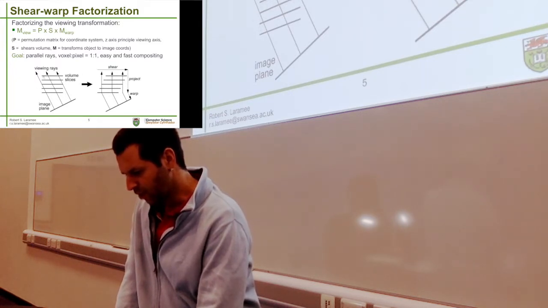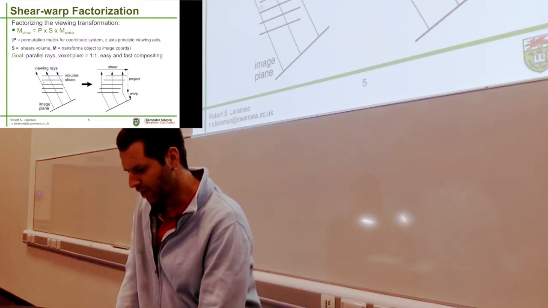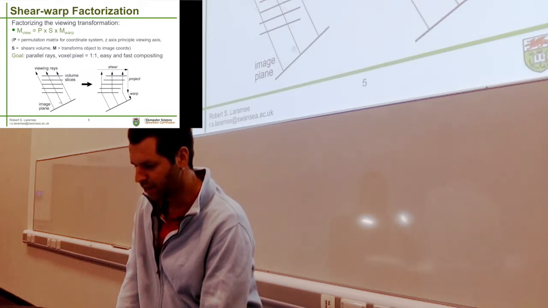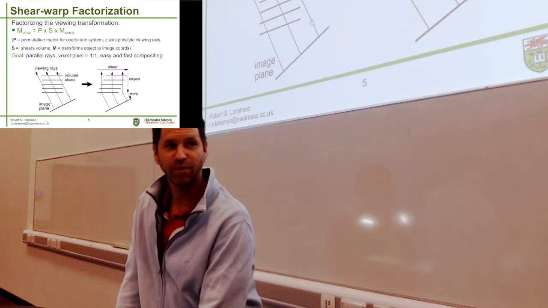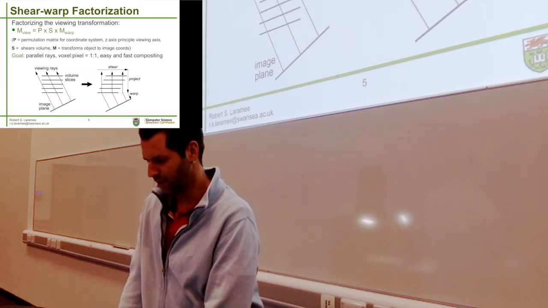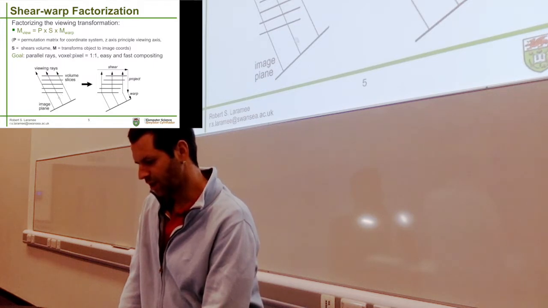Here is our original data set organized on a series of slices, and here is our image plane, and we are looking through the image plane at the volume. These are rays that are being cast into the volume for sampling purposes, just like we saw earlier today. But they're cast at an angle.